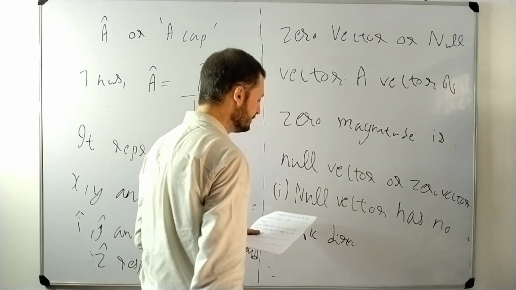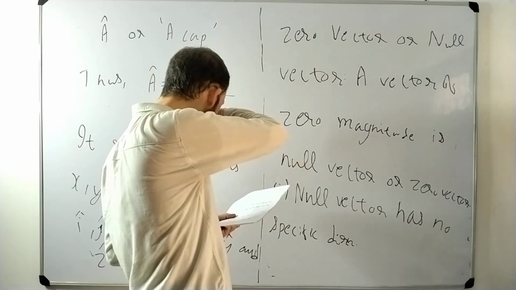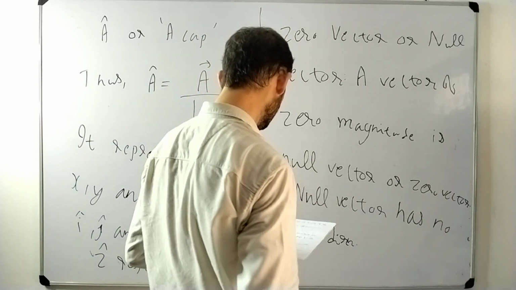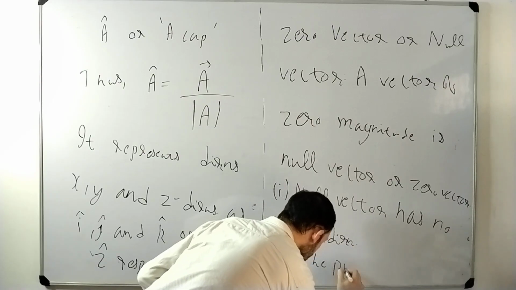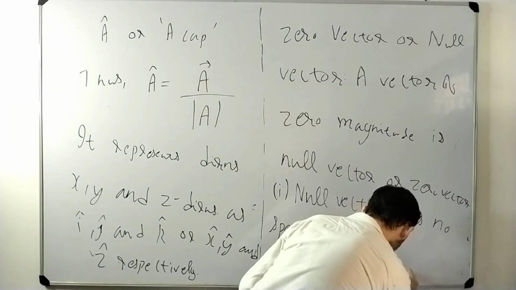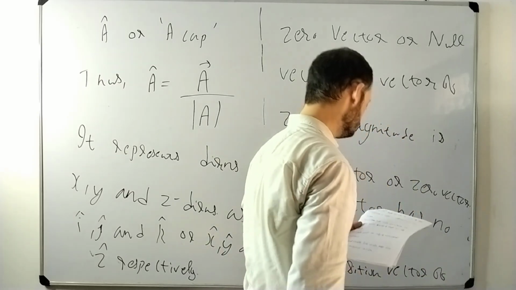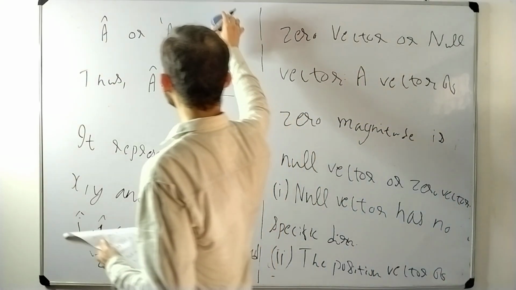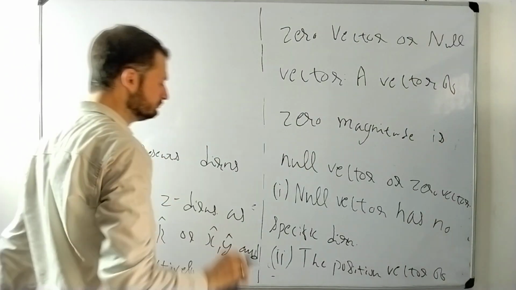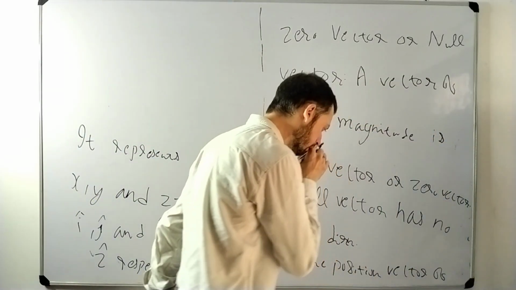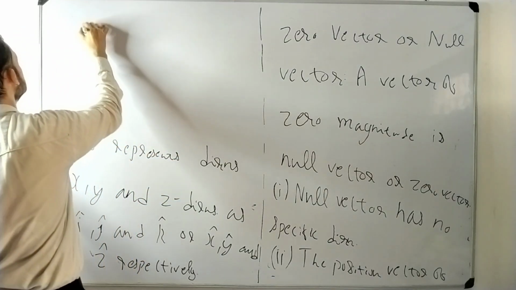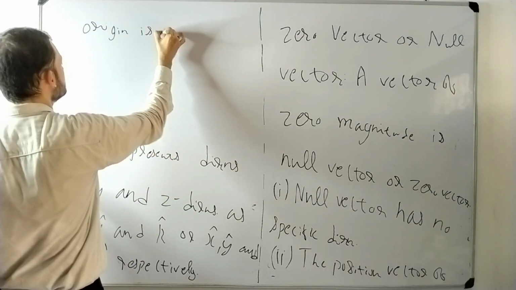Second, the position vector of the origin is a zero vector.